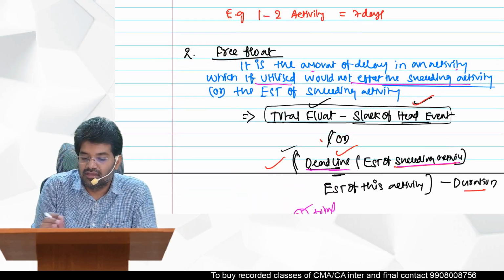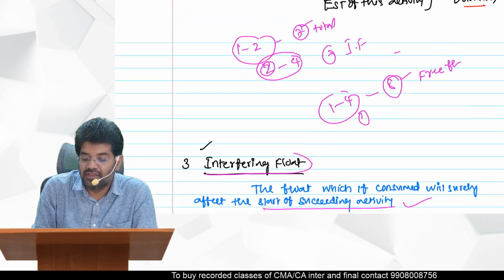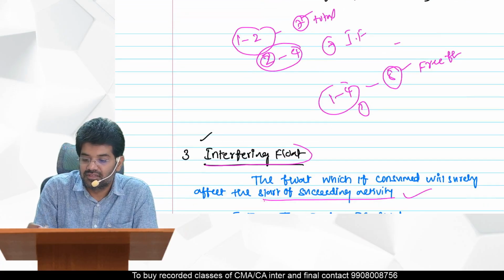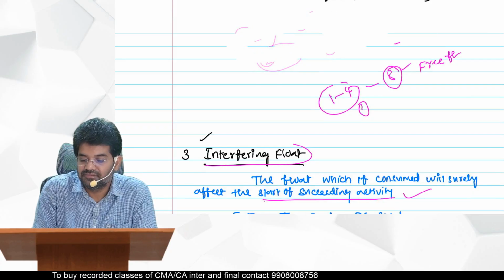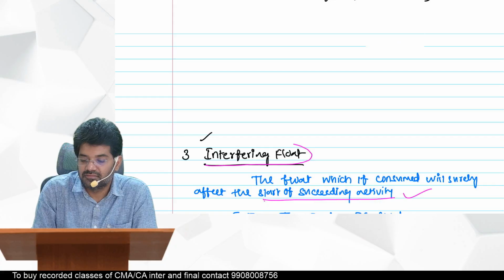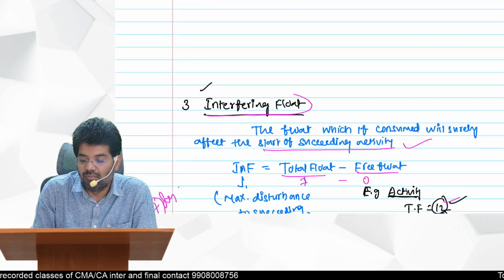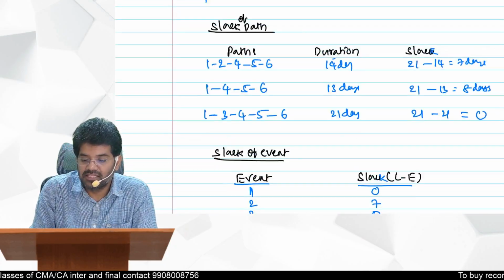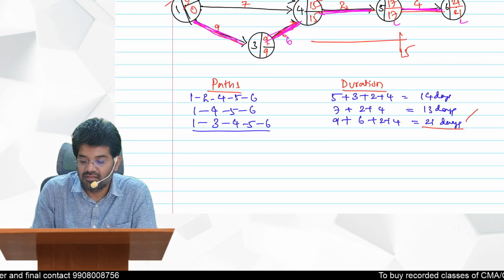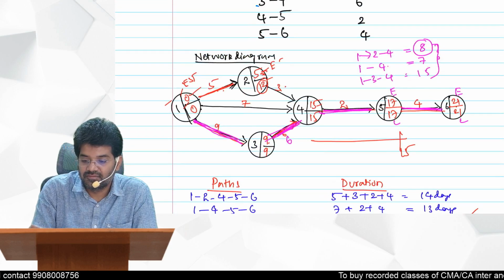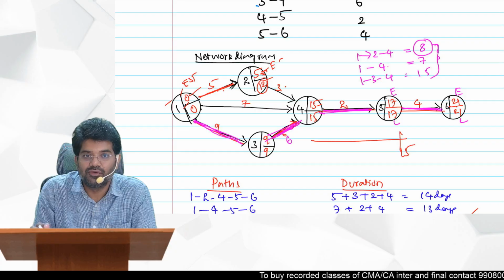So interfering and free float, logically I hope you understood this. I am referring to the same example only, this diagram only I am taking. I was saying that 1 to 4 had 8 days of float.